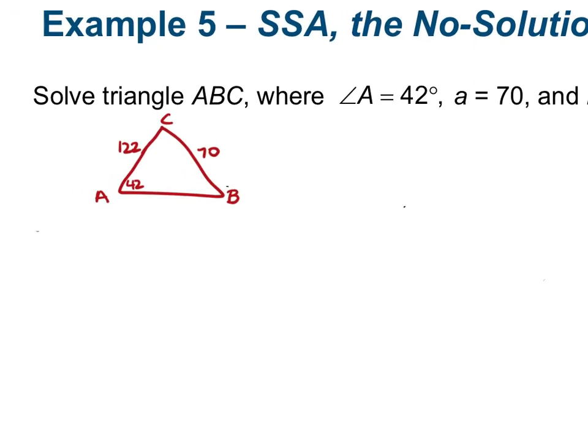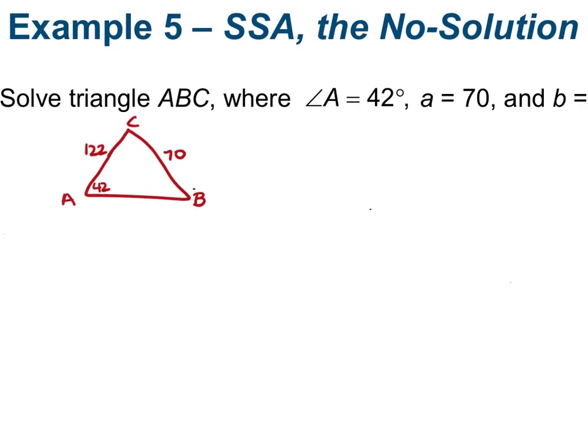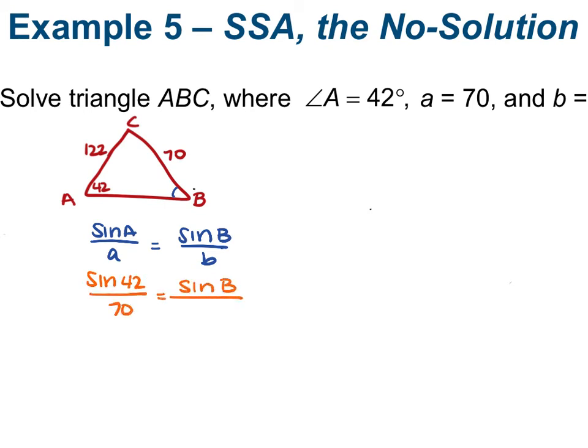All right, so if we were to find the angle B, we're going to do sine A over A is equal to sine B over B. So this is going to give us sine 42 over 70 is equal to sine B, we don't know B, over 122. Cross multiply, so this gives us 70 sine B is equal to 122 sine 42. Divide each side by 70.